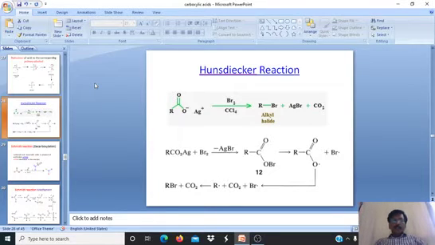We are in the last session discussing the chemical properties of carboxylic acids. We had a discussion on what carboxylic acids are, the acidic nature of carboxylic acids, the preparation methods of carboxylic acids, and now the different chemical properties we are discussing.